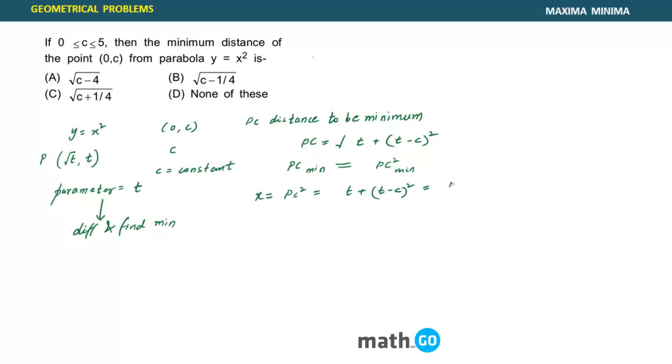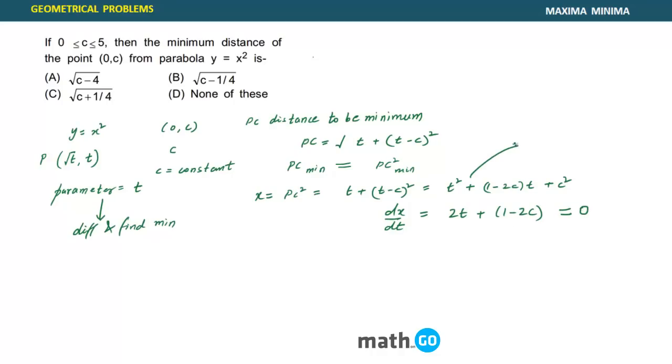And if you just solve this, this will come out to be t square plus 1 minus 2c t plus c square. So this will be the quadratic that you will get in terms of t. Now just do the derivative. Differentiate this particular expression with respect to t. So this will be 2t plus 1 minus 2c, and just equate this to 0.